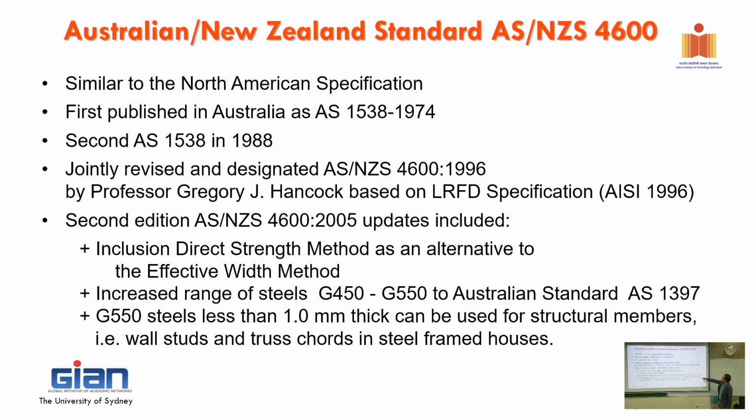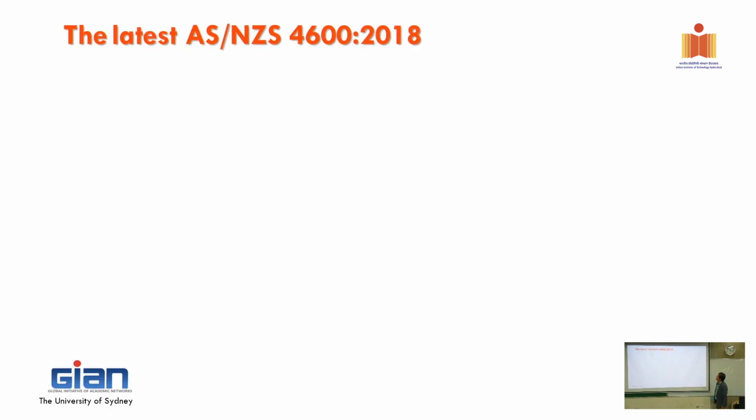Since then, back to 2018, you have a question? Okay, good. It takes about 15 years or so for Professor Hancock to propose a change to the standard. Just something to share with you: in Australia, when you make a change, you need to apply for a big proposal. It's not like in America, where they are very active.